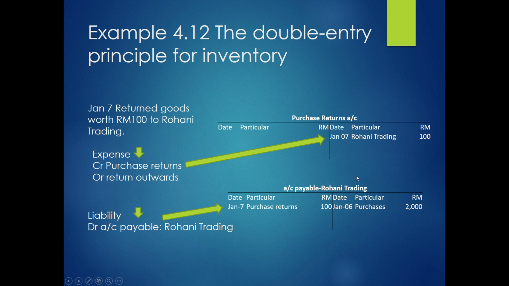In account payable Rohani Trading, the entry is made in the debit side, January 7. The particular is purchase return, which means that this amount of 100 ringgit is due to the purchase return made by the business to account payable Rohani Trading.